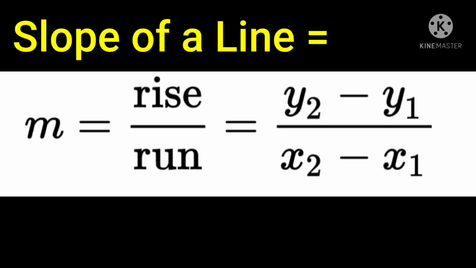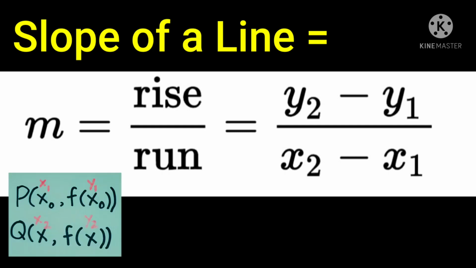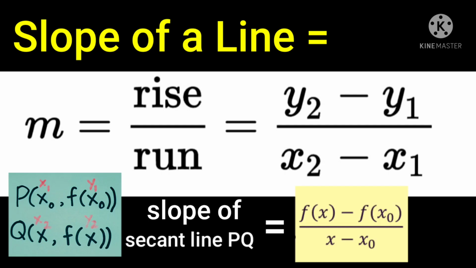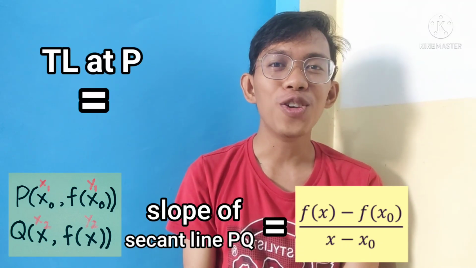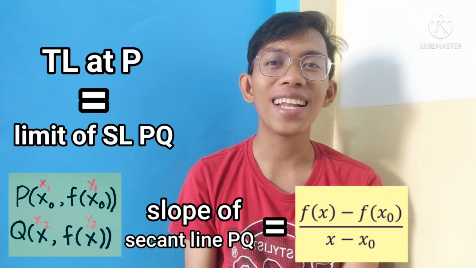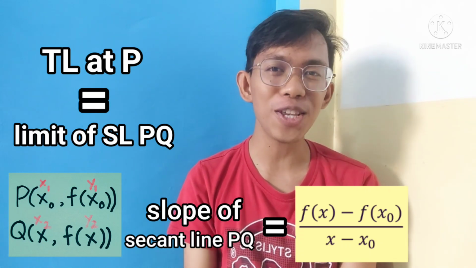Now, dahil ang pinag-uusapan natin ay lines, we know na ang isang line ay merong slope. And this is our formula for the slope of a line. And plugging in the coordinates of P and Q dito sa formula, we will obtain the slope of our secant line. At sabi nga natin, yung tangent line at P, yun yung limiting position ng lahat ng secant lines PQ.